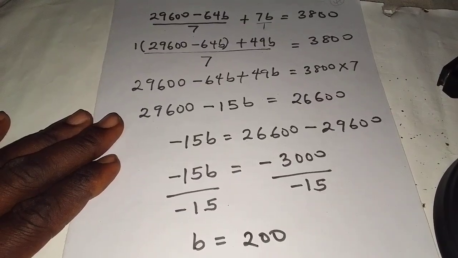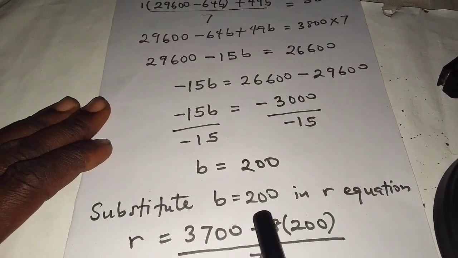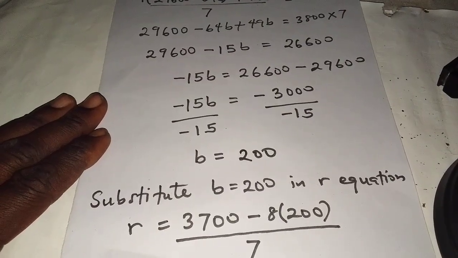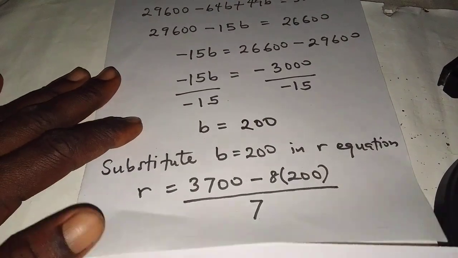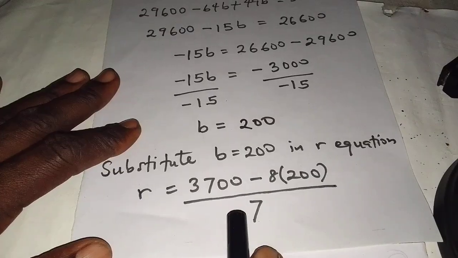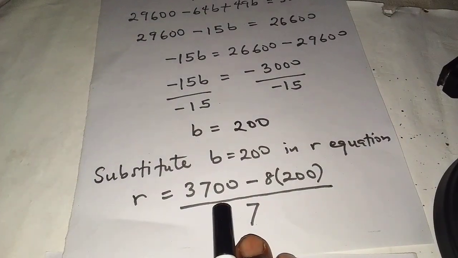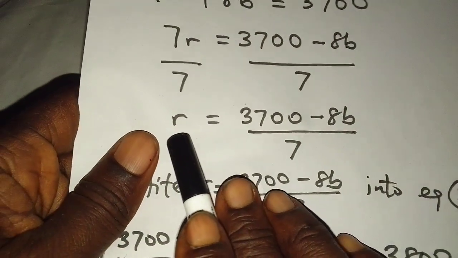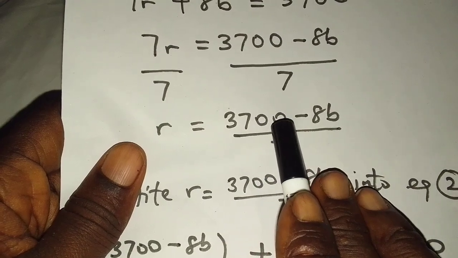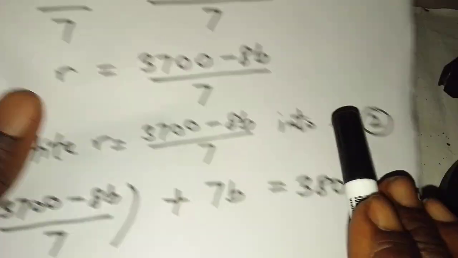Let's look at the second value. Substitute B equals 200 naira into the R equation. The R equation is what we derived here: R equals 3,700 minus 8B over 7.